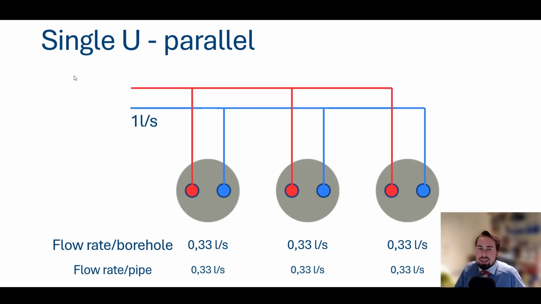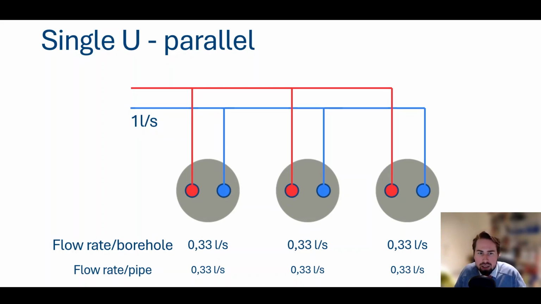When we look at the single U-tube parallel case, we have the following figure. So we have 3 boreholes, each with a single U-tube. And here on the left we have our building, our heat pump, our primary pump, and we know it gives us 1 liter per second. So the whole bore field receives 1 liter per second.